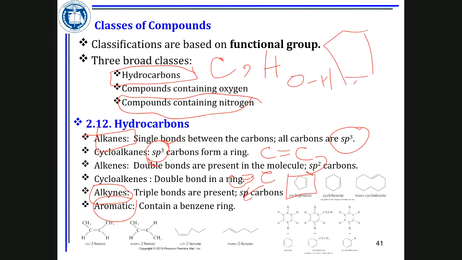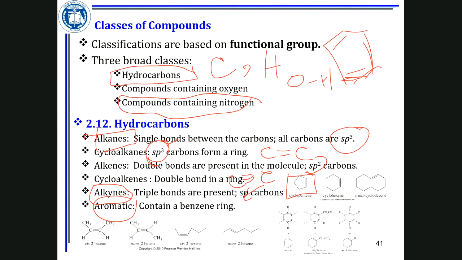And you'll learn in organic chemistry 2 more about aromatic compounds, what other conditions have to be met in order for a compound to be aromatic. But it's a cyclic system with conjugated pi bonds. That means there is a double bond, single bond, double bond, single bond, double bond, single bond, and it kind of rotates.